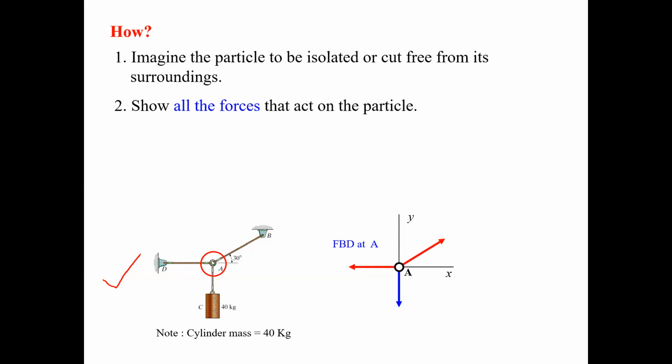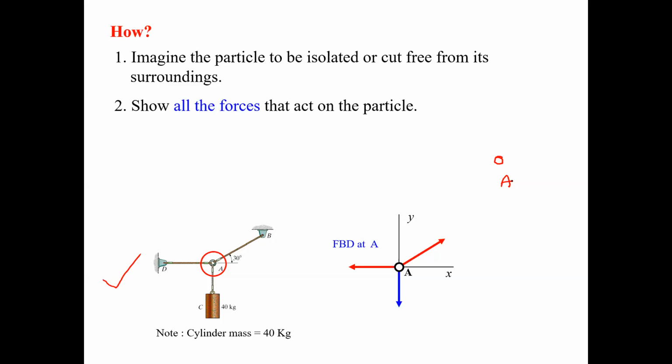Let's say this is the hook, and this is your point A. The first step is done: imagine the particle to be isolated or cut free from its surroundings. Essentially we are talking about point A here, because all the cables are connecting to point A. So let's draw a free body diagram at point A.